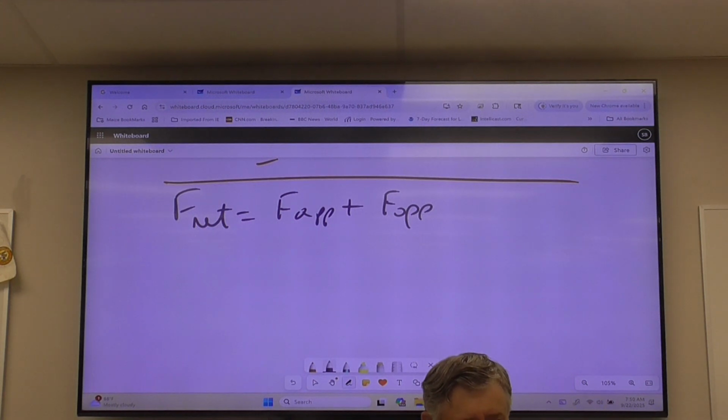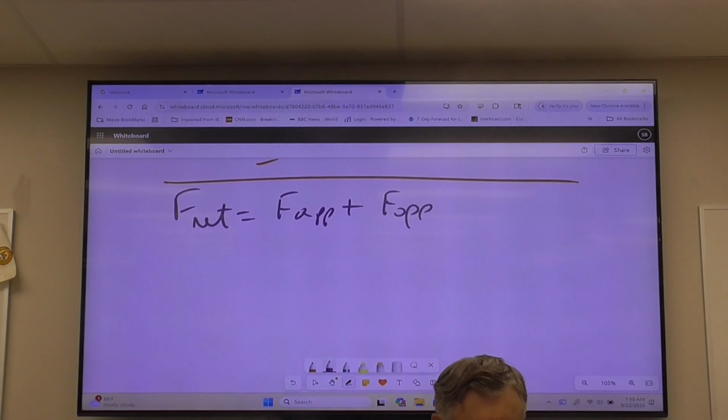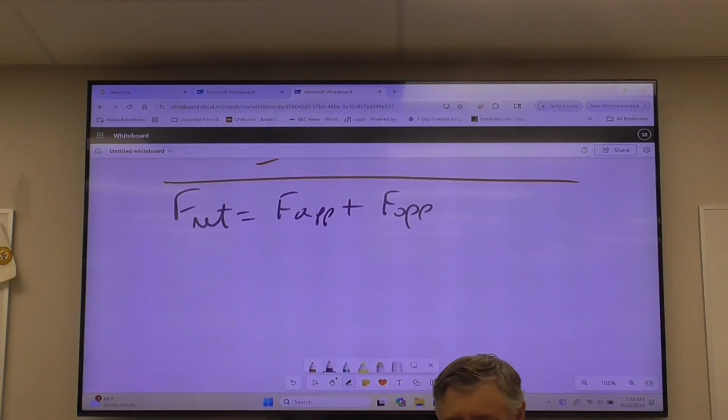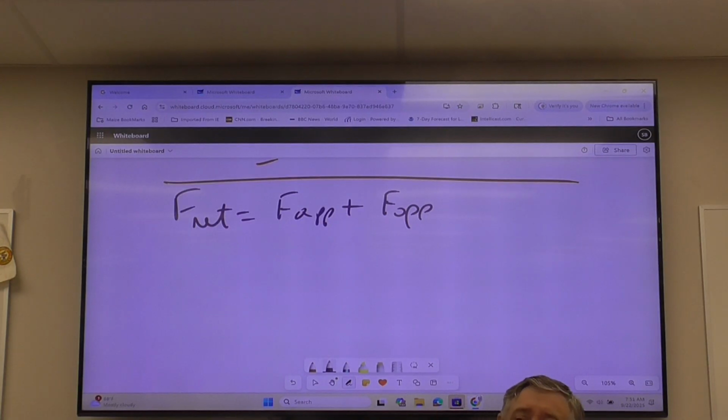Let's say that in this bag, I've got 3 1-kilogram masses, okay? Each one roughly weighs 10 newtons. 1 times 9.8 is 9.8, let's round it up to 10. If I want to lift this up, let's say this weighs 30 newtons, at a minimum, how much force applied do I have to have? 31.